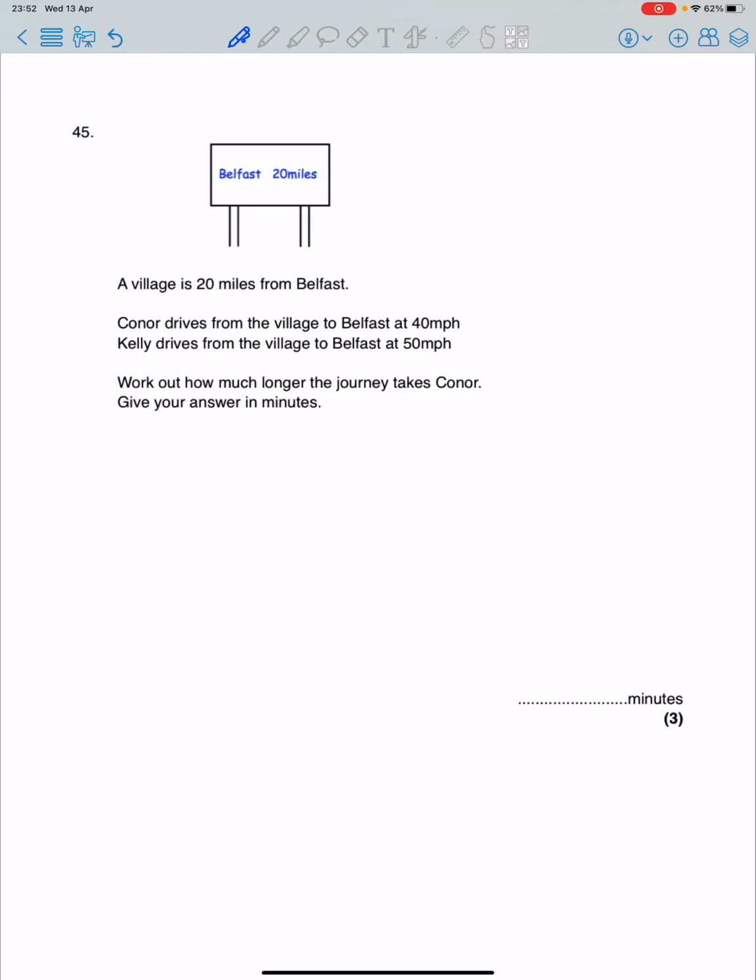Well, this is useful. Speed is distance over time. So, this little triangle is useful to us. So, for Connor, we want to work out how much time it took.